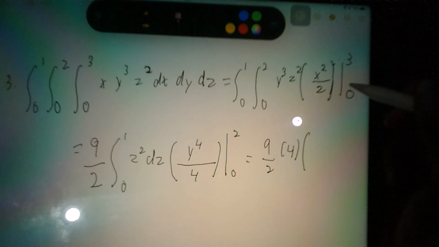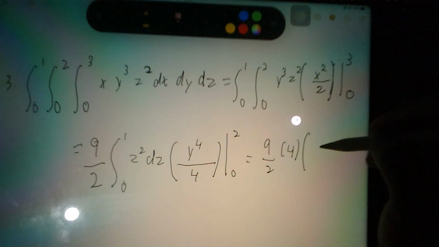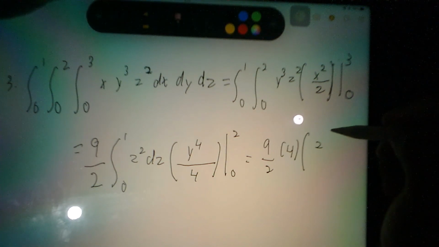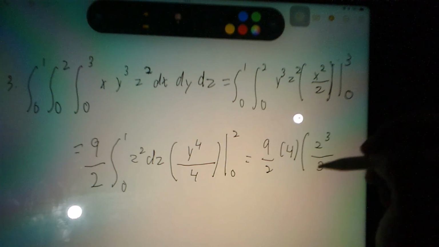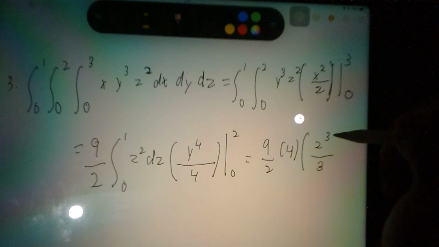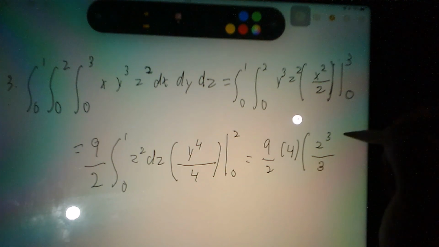The integral of z squared is z cubed over 3, by using the general power formula, where n represents our exponent, so n plus 1 here becomes 3, with limits 0 to 1.